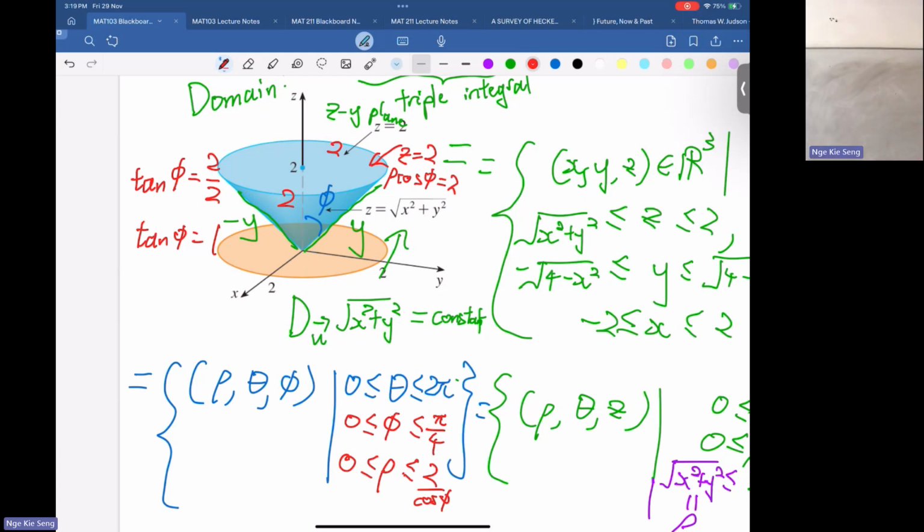明白吗？可以看到吗？这个 2 over cos phi 真的会变。当你的 phi 越来越大的时候，你的 rho 越来越大，大还是小？大。So when phi is 0, cos phi is 1.